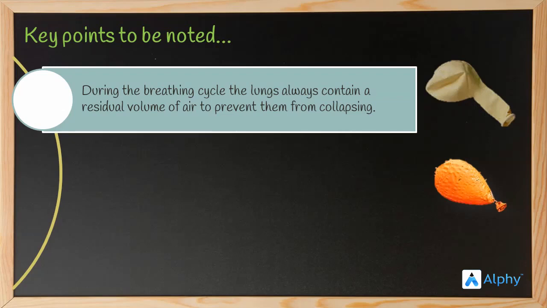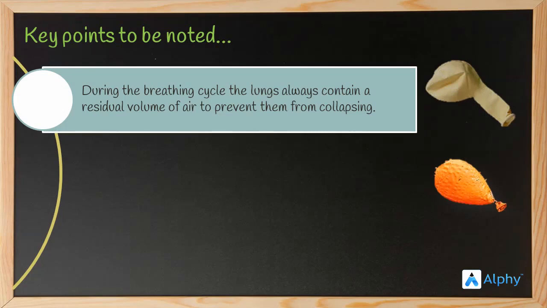So this is what happens in our lungs as well. The residual air maintains a kind of balance of gases in the lungs, and it makes the process of breathing easier.